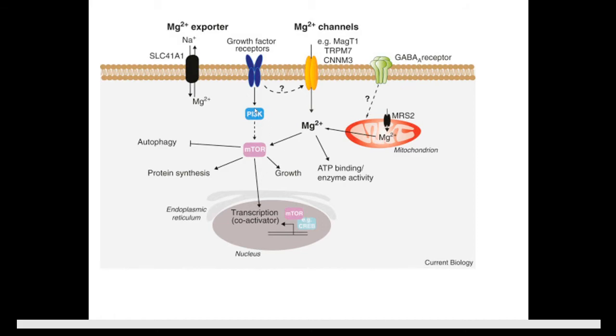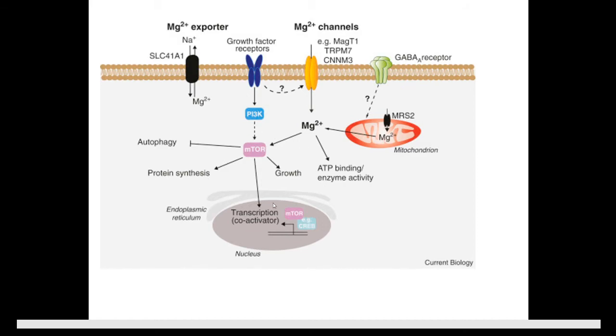That activation of growth factors stimulates PI3K, then activates the mTOR protein. This activation of mTOR causes autophagy, protein synthesis, endoplasmic reticulum activity, transcription and growth of the particular cell.